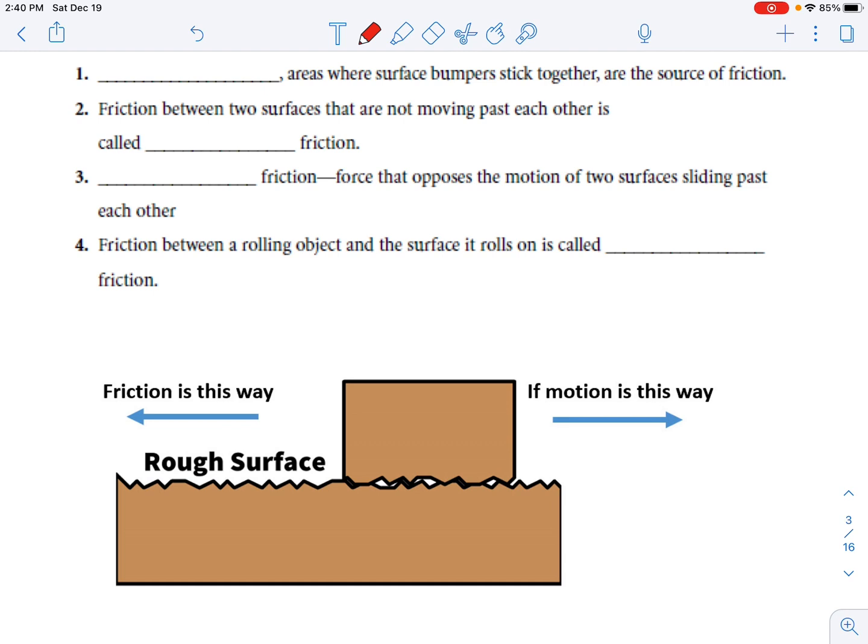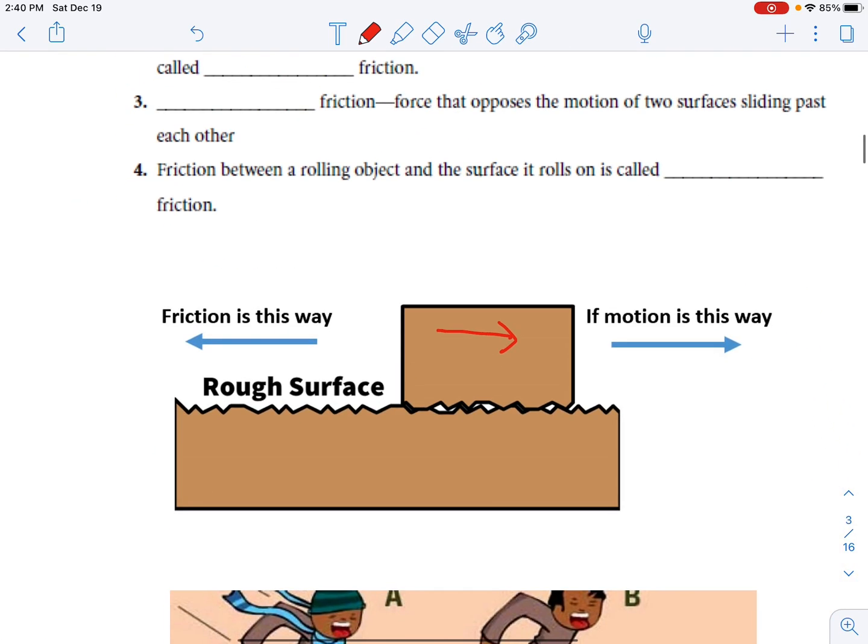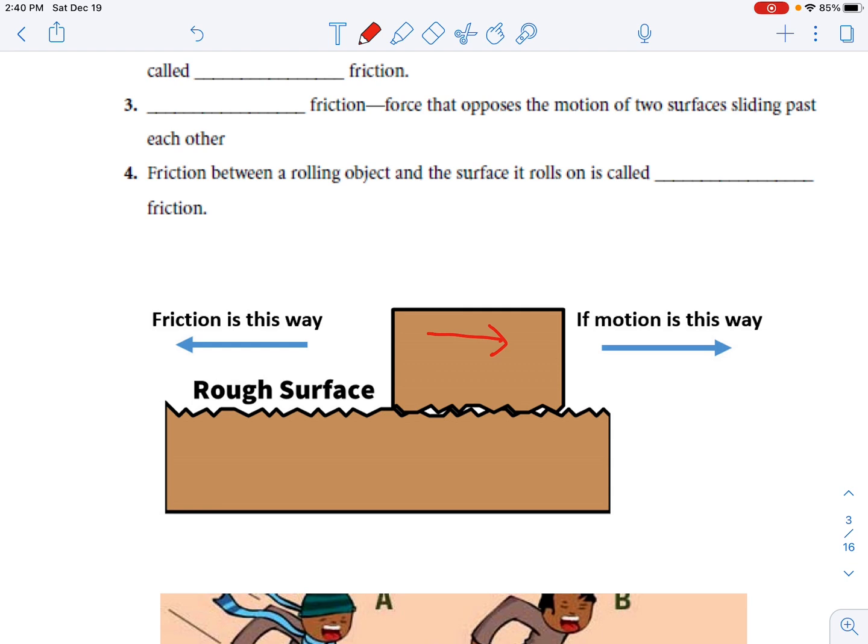If we're trying to push the block this way, this rough surface has all kinds of places where the two blocks are going to get stuck together. That's going to make it hard to get it to move with all those little rough, bumpy surfaces.